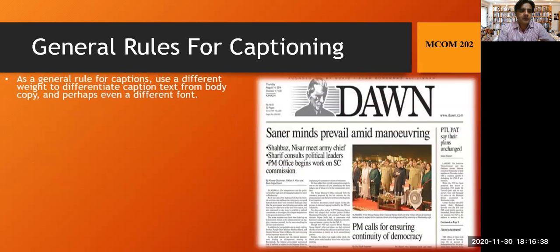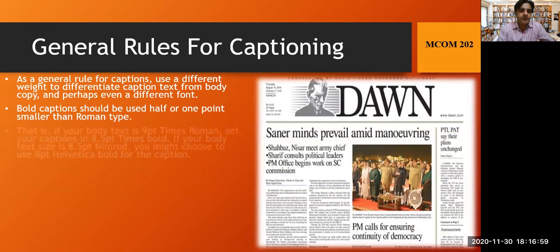Use a different way to differentiate caption text from the body copy, and perhaps even a different font. So caption fonts are always different, their weight is different, their size is different, and sometimes they are italic as well, and sometimes bold. Bold captions should be used half or 1 point smaller than Roman type.